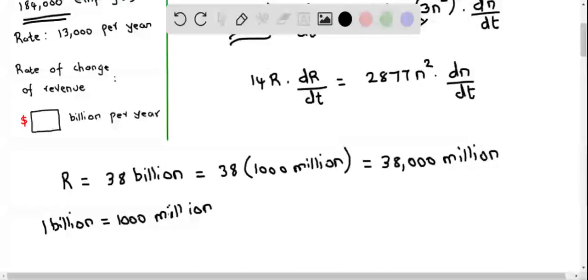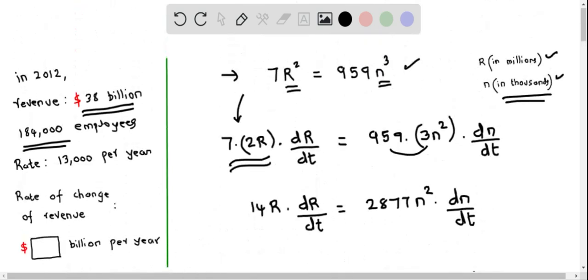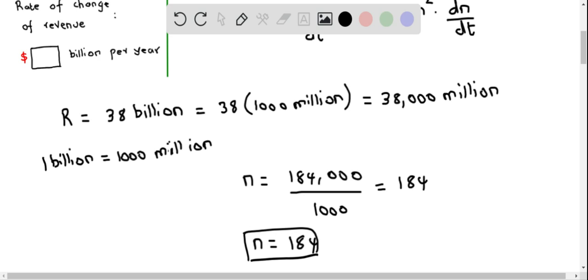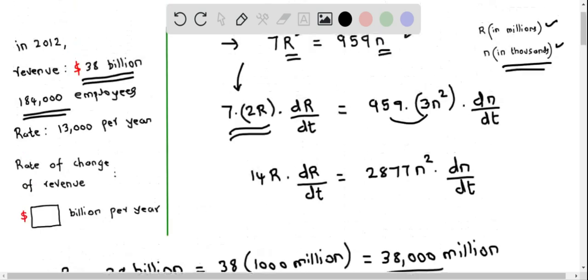So it is given that n equals 184,000 employees. Since we have to consider n in terms of thousand, we divide by thousand, and so this equals 184.